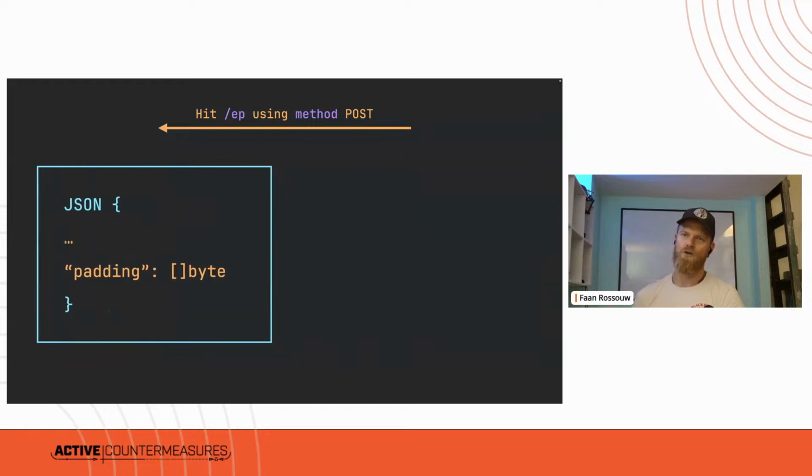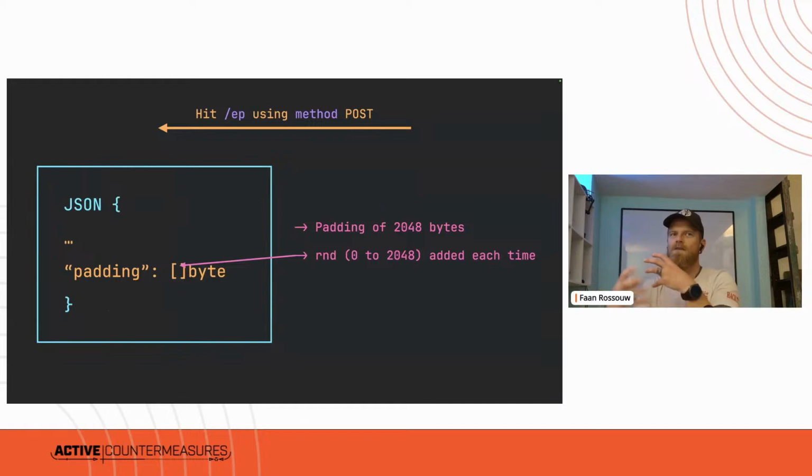Then let's say we choose a value of 2048 bytes. Now what'll happen is every single round, just as with time, where jitter calculates a random amount to add or subtract, every time it's going to choose a random amount between 0 and 2048 of junk data. It's going to generate random junk data and put it inside the byte slice, which means that every single time the size of the packet is going to randomly vary.